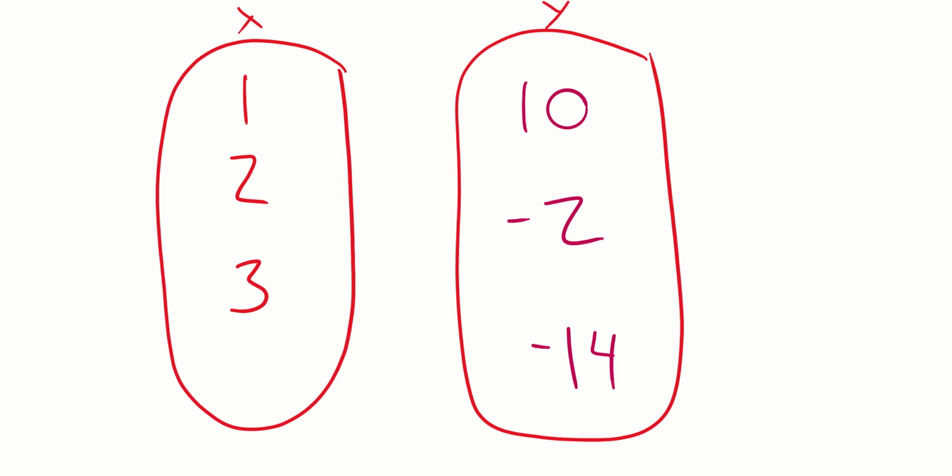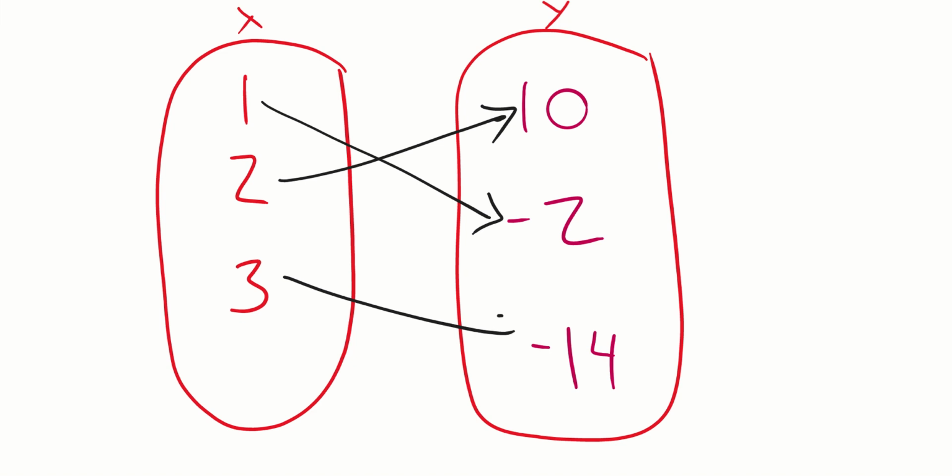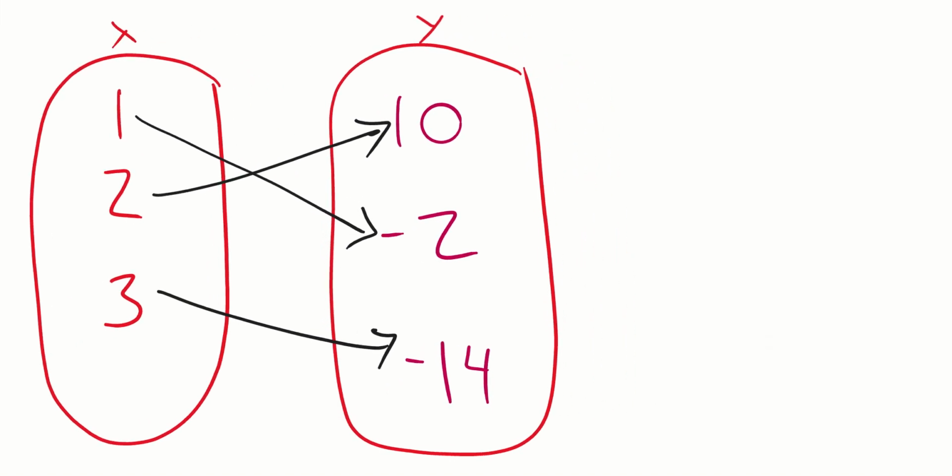And then we have lines that say, here's a point, here's a point, here's a point. And so it's going to say when X is 1, Y is -2. When X is 2, Y is 10. When X is 3, Y is -14. And that would be the function that we're using. And this would be a function.